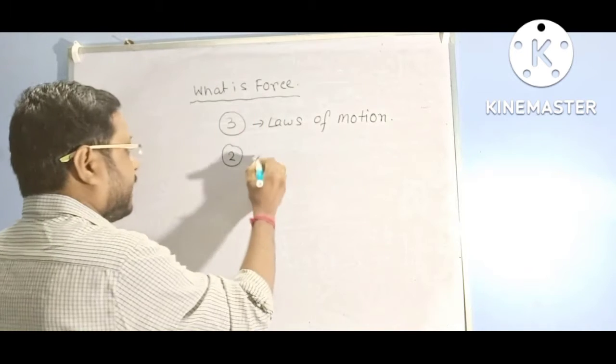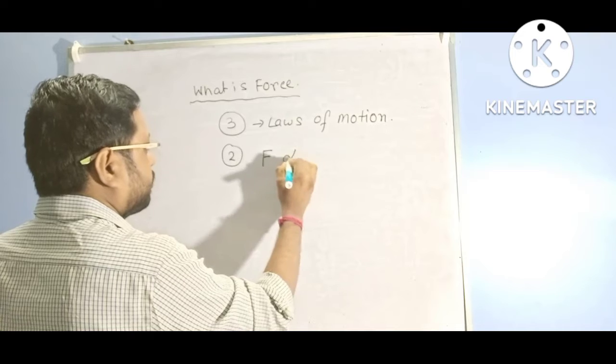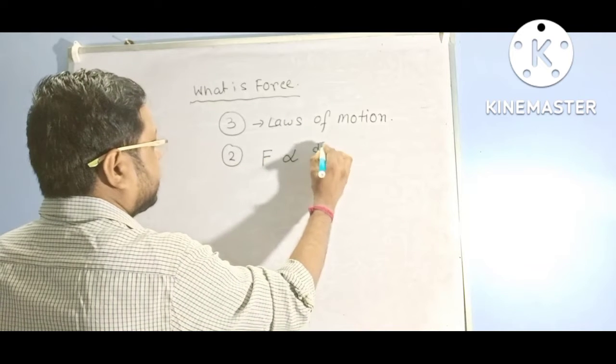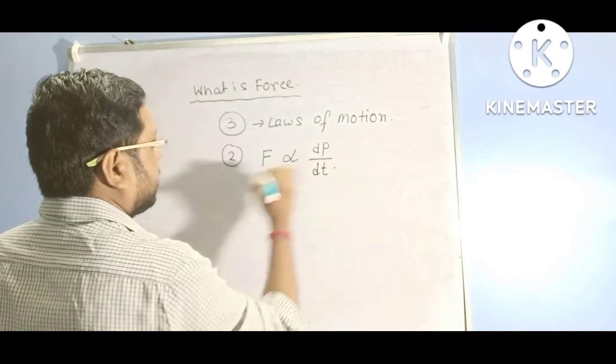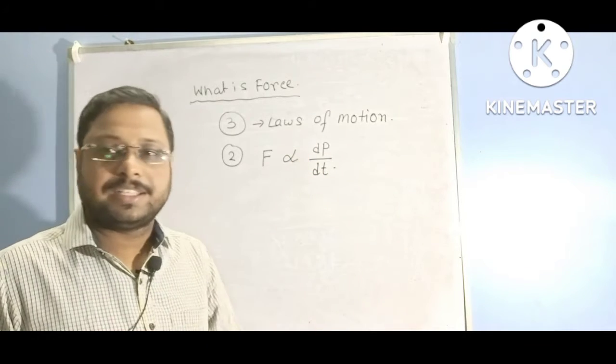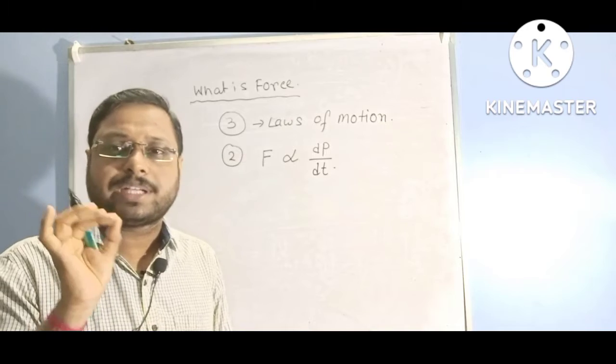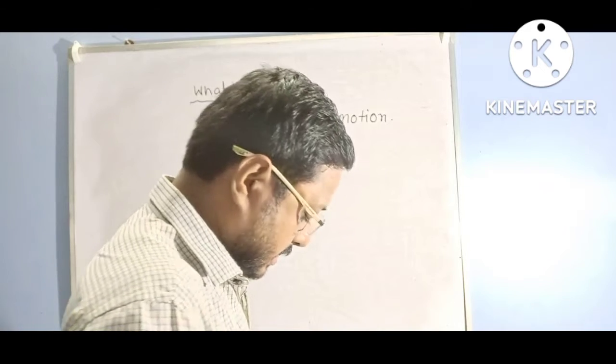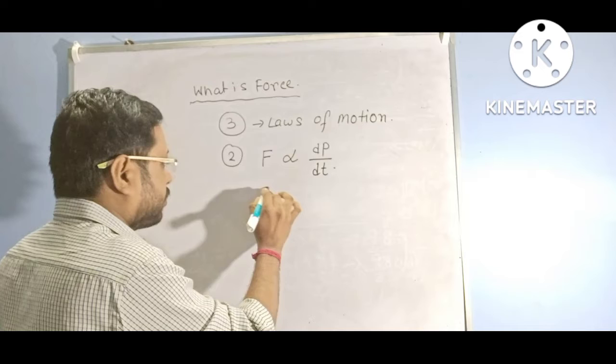That is, F is proportional to the rate of change of momentum, dp dt. Now, you may not know dp dt. What is dp dt? It is a small change in momentum in a small time interval. Momentum is a vector quantity.